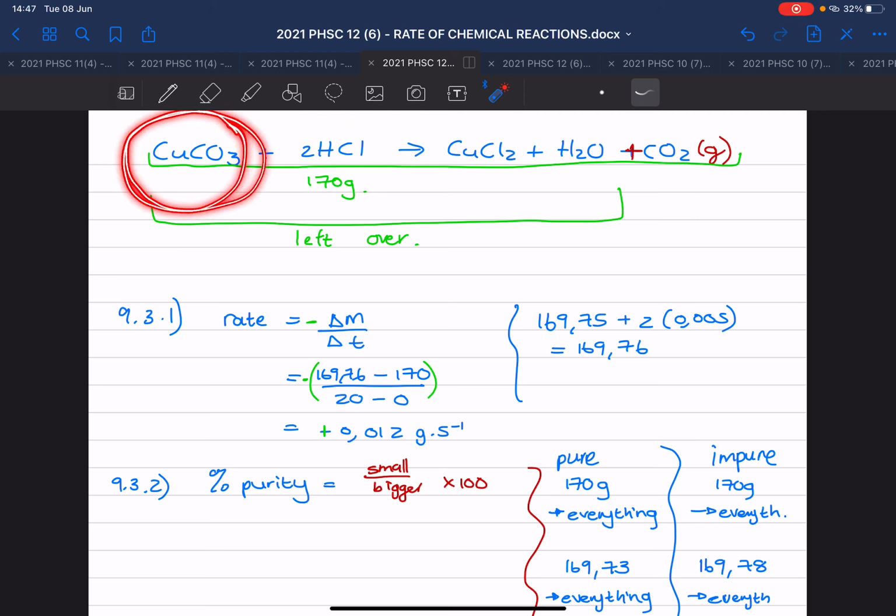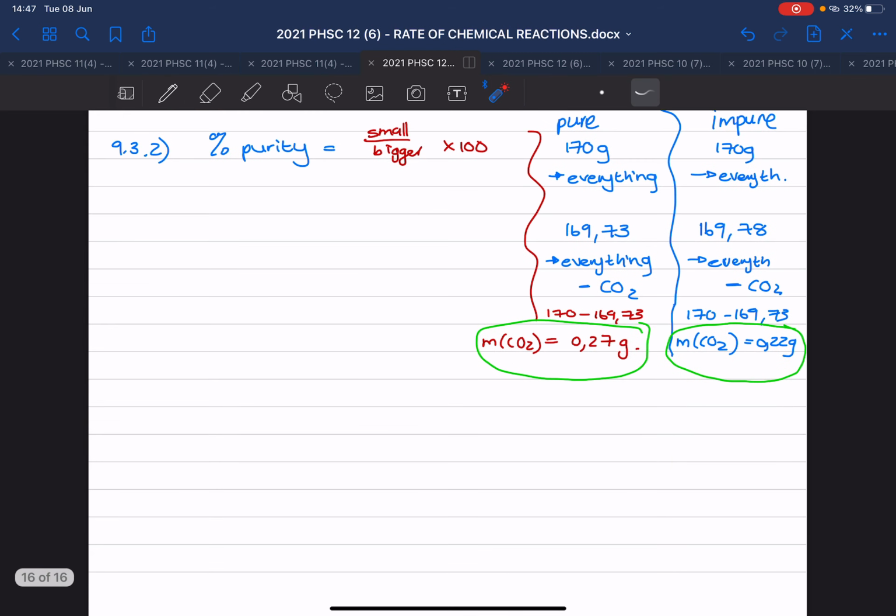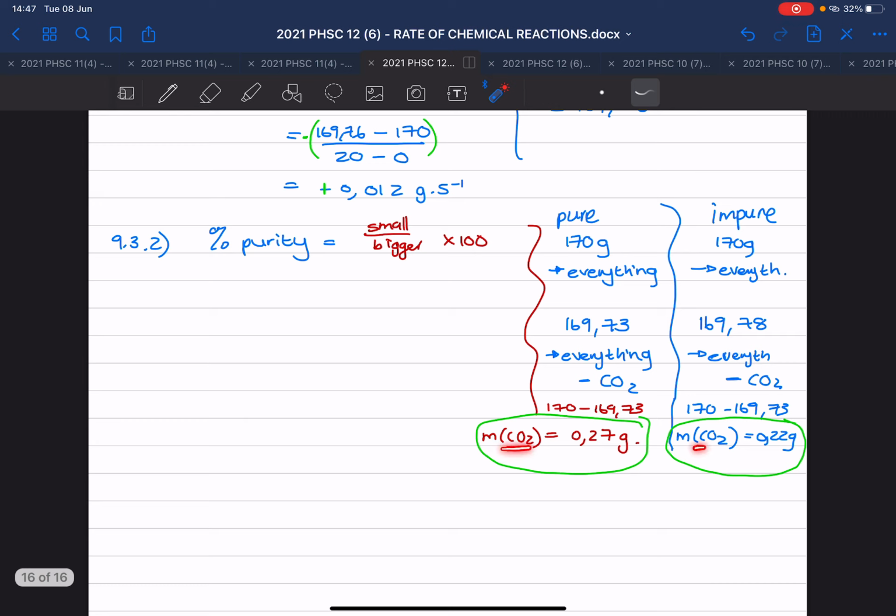So if everything is used and the ratio is 1:1, then the carbon dioxide will give us how much we have used, and what the impurities are. That is why we look at carbon dioxide, even though they ask for the impure copper carbonate.